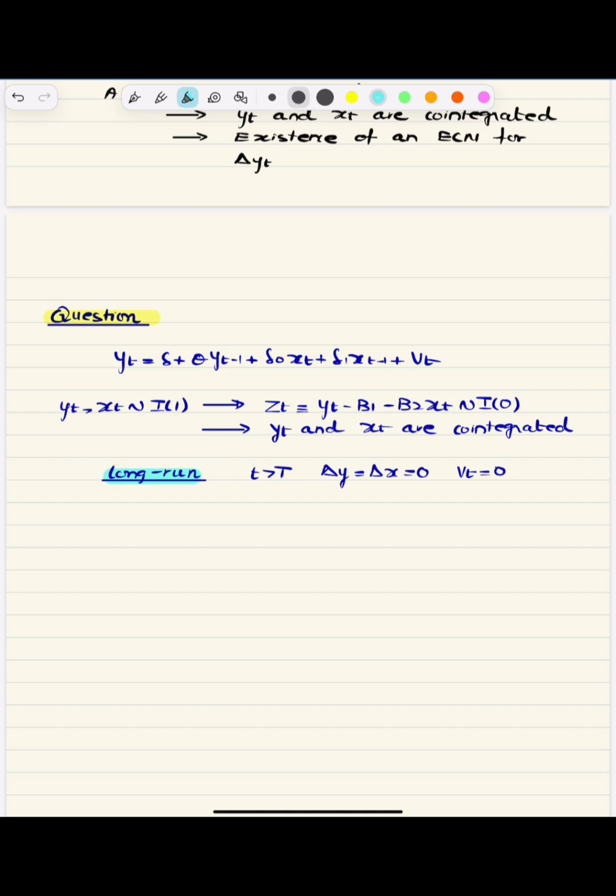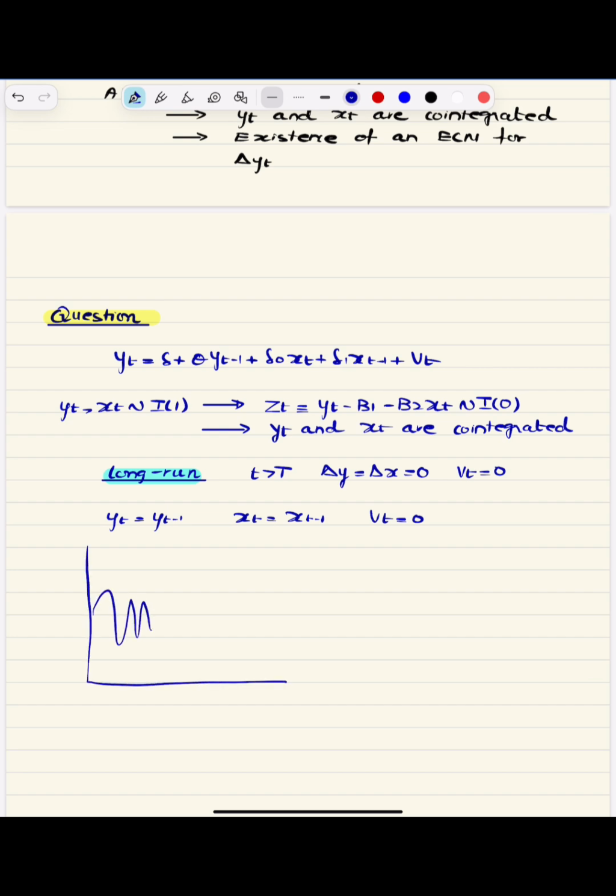So for instance, you can say yt is equal to yt minus 1 and xt is equal to xt minus 1, and the error simply does not exist. If you want a visualization, suppose there was a shock, it was moving, and after a certain time y just became constant, so that yt minus 1 and yt are all the same once you reach the long run equilibrium.